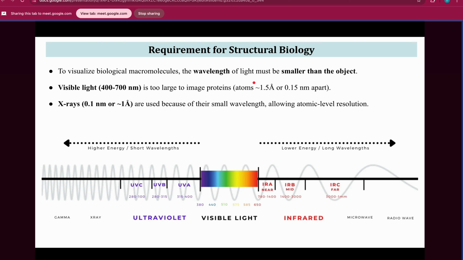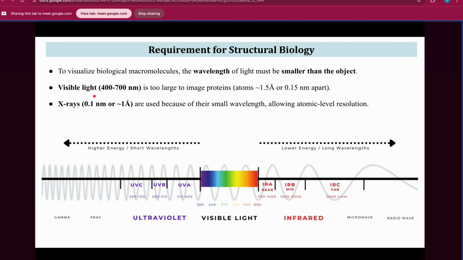Now what is the requirement for structural biology? To visualize these biological macromolecules, there is a condition that the wavelength of light must be smaller than the object. If your object is smaller than the wavelength, then you won't be able to visualize it. So this is one of the conditions: you must have light whose wavelength is smaller than the object.